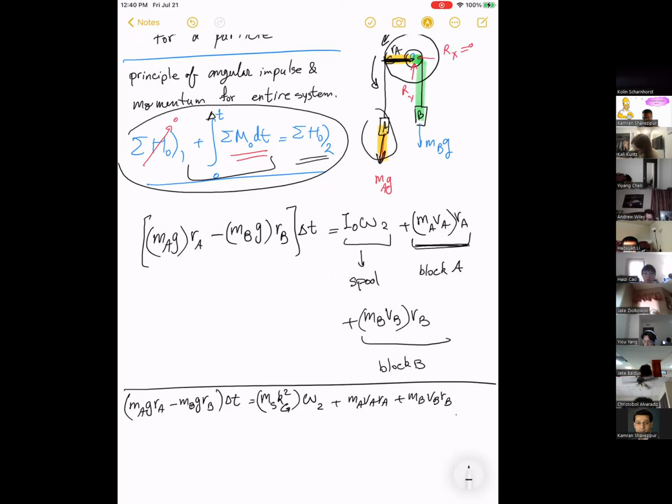The problem tells you how much VA is, right? VA is given. Do I know omega and VB? Because I don't know delta T, that is the unknown we are looking for. Do I know VB and omega 2? Because if we don't know, which seems we don't, we need to find an equation for it.